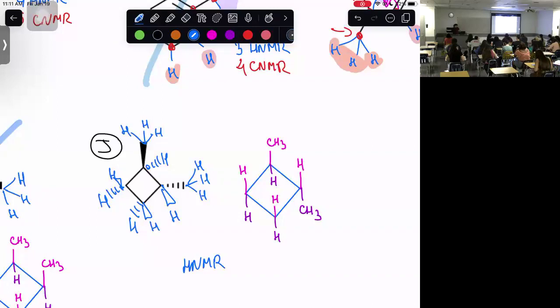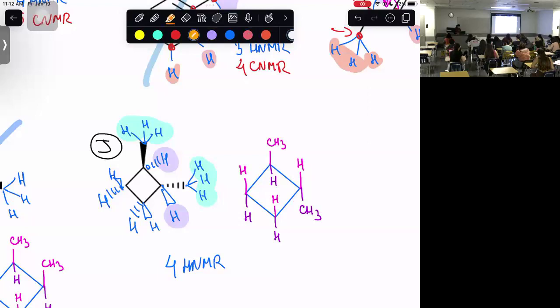It is going to be four as well. Now, again, do we have any planes of symmetry in here? No, no. First one, the easiest one to spot is always going to be your dear methyl group. Now, the hydrogens in here, those are your second signal.